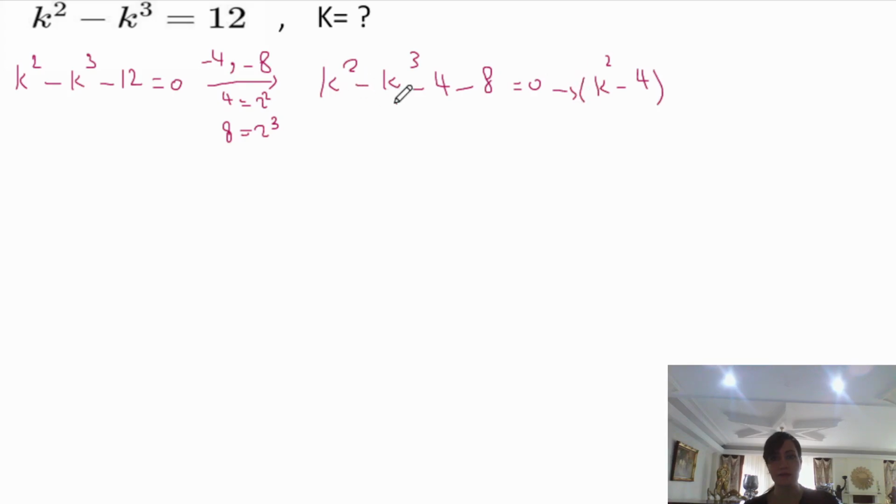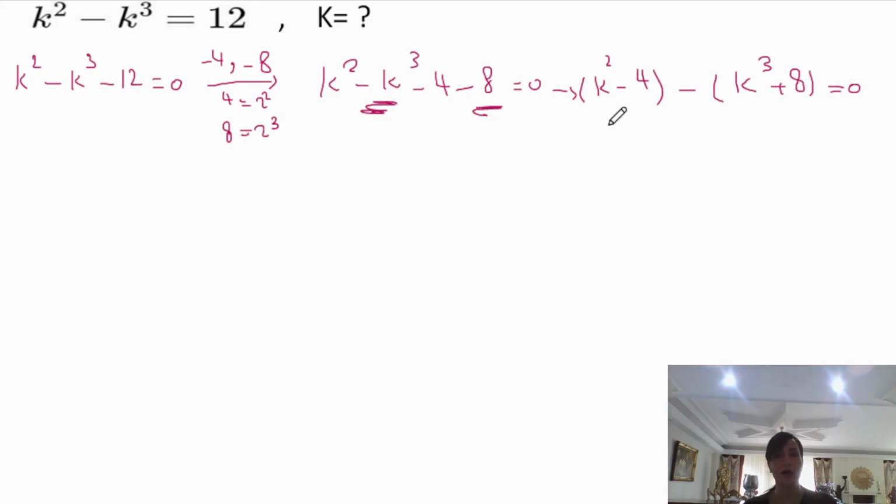For the cube terms, I see both have a negative sign. So I factor out the negative sign and write k cubed plus 8 equals 0. That's fine.